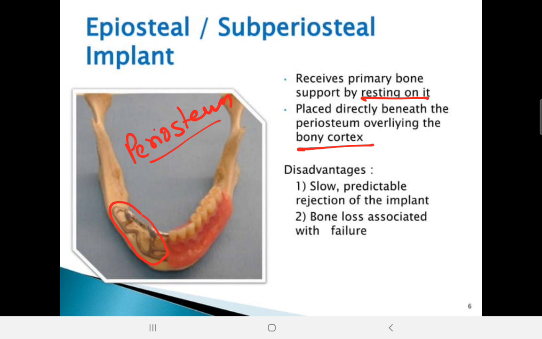So, beneath the periosteum we have the bony cortex. So, this implant is placed beneath the periosteum and it lies over the bony cortex, not inside the bony cortex but above the bony cortex. The main disadvantage is slow, predictable rejection of the implant. The bone loss associated with failure is also seen.